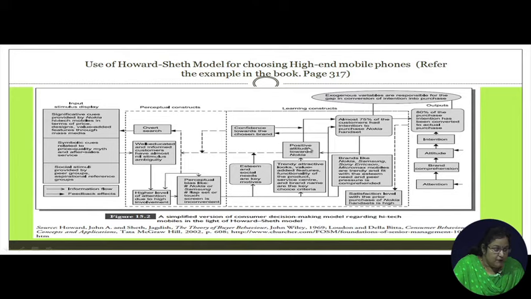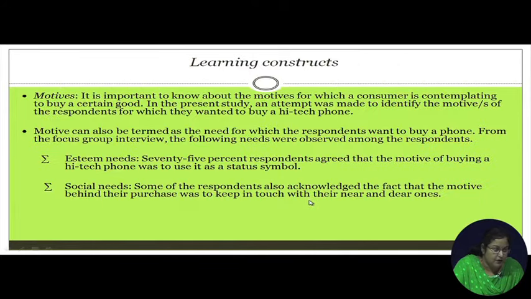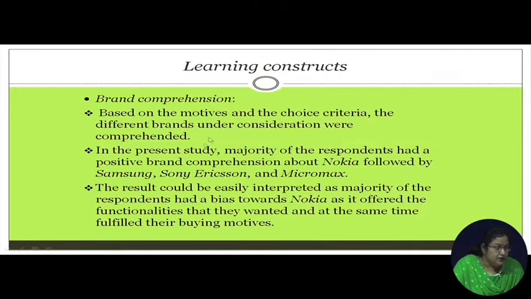So, for developing attitude, the first part was the motive, which we have discussed, it was social and esteem motive, and then we talked about the evaluative criteria, where we are talking about the looks, value added services and other functionality as the choice criteria. Now, we move to the third aspect, that is the comprehension about the brand. Based on the motives and the choice criteria, the different brands under consideration would be comprehended.